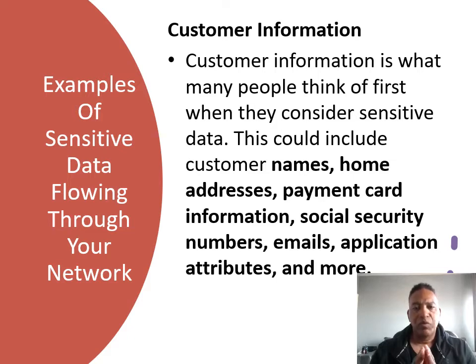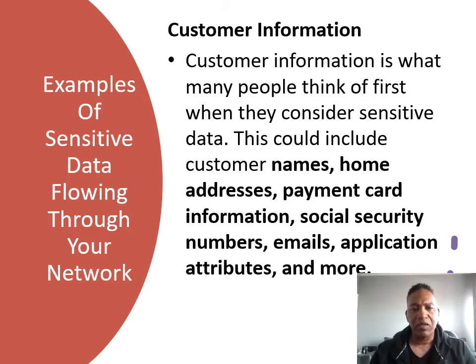So when it relates to customers, we've all heard about the big massive data breaches where they steal people's personal information. Well, customer information is what many people think of first when they consider sensitive data. This information includes things like your name, your home address, payment card information, social security numbers, email, application attributes, and more.